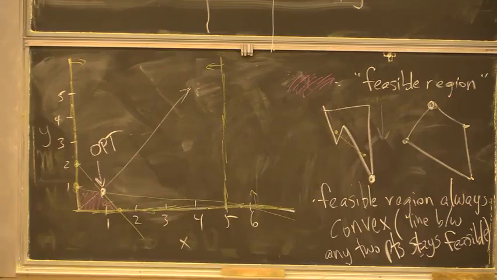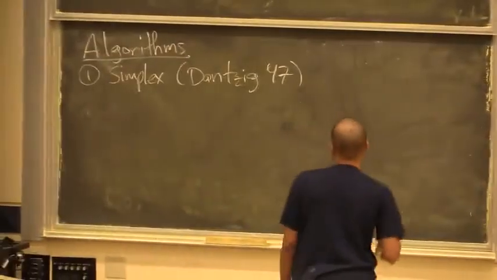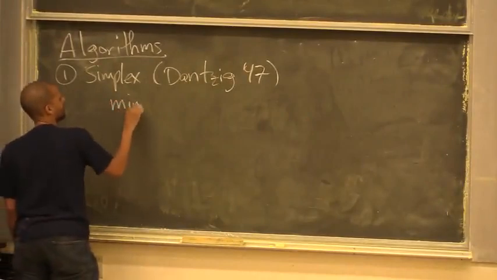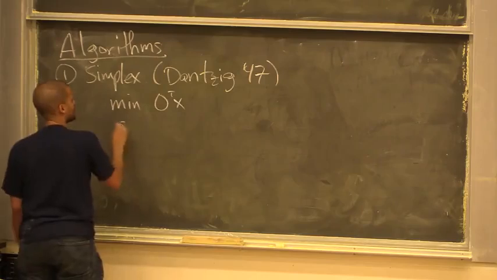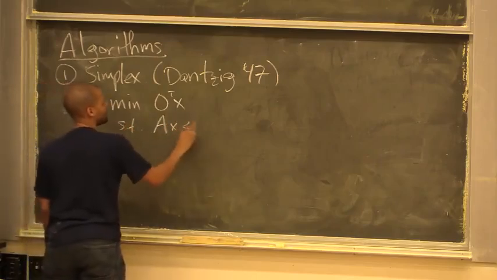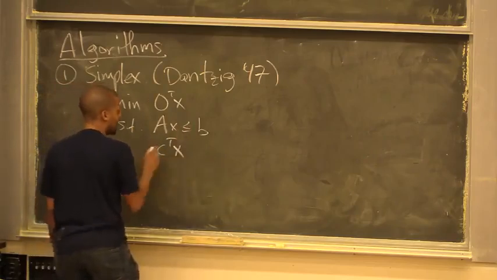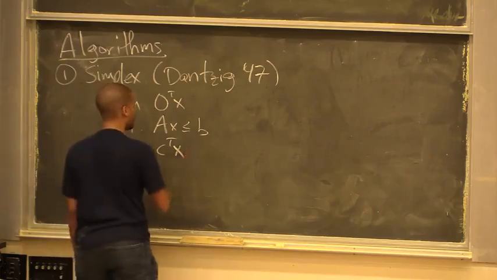Now, it should be confusing how this works, because how do you get the starting vertex? That's not obvious. In particular, think about this: max 0 transpose x, subject to Ax is at most b, and c transpose x is at least q, and x is at least 0.